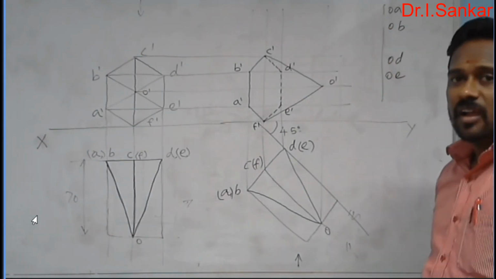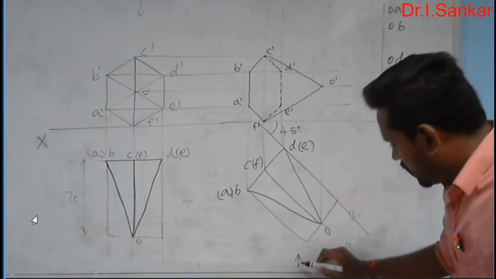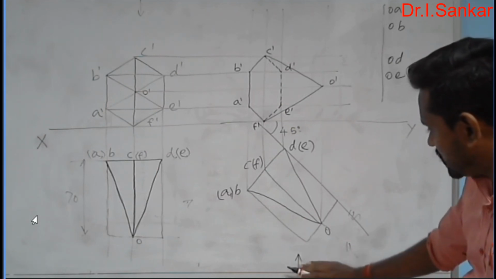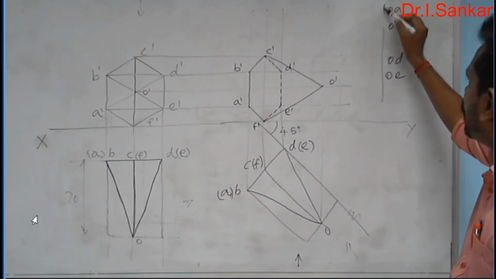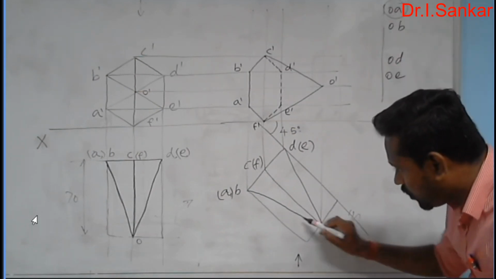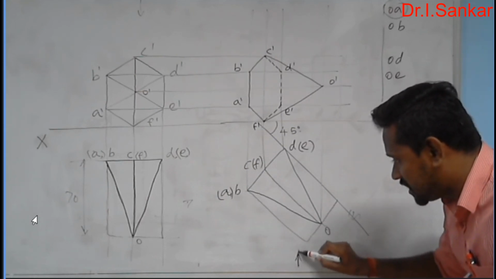Right. And the fourth rule is lateral edges you need to decide by simply seeing the solid in the particular place. So I am seeing the solid from this place. Just imagine the edge OA is visible to you or not. OA is here. You are standing there and seeing the solid.